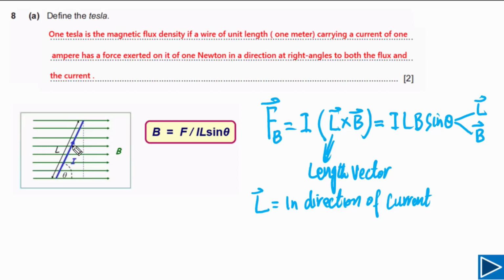Now what is the direction of the L vector in this case? Current is up, so the direction of the L vector is also in the direction of current. So the angle between the L vector and B vector in this case is theta. I hope this is clear to you, how to write magnetic force in vector form, where theta is the angle between L and B.